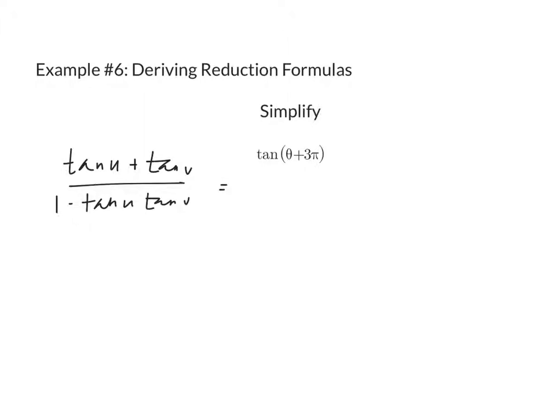So for us, that would be tan theta plus tan 3 pi over 1 minus tan theta tan 3 pi.